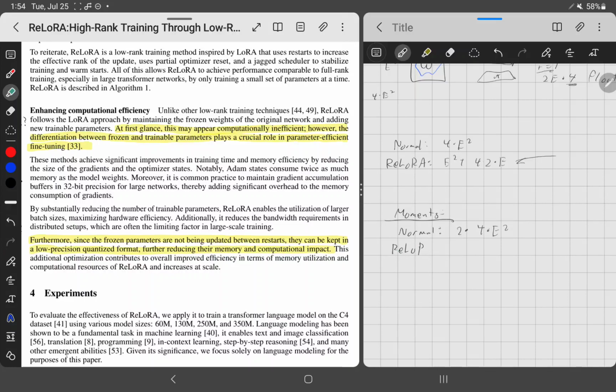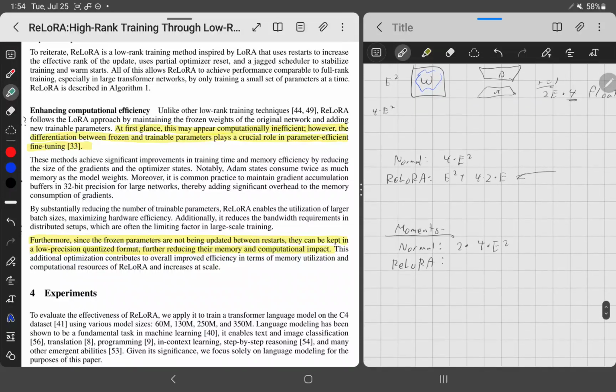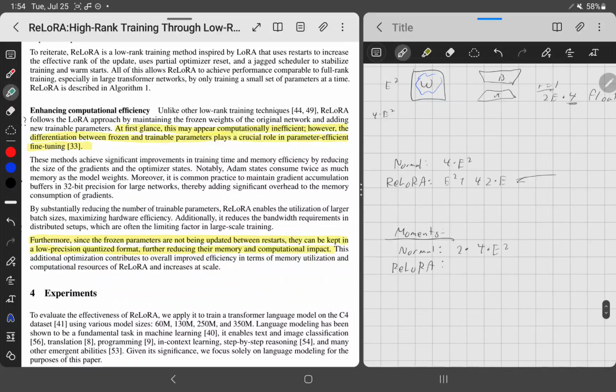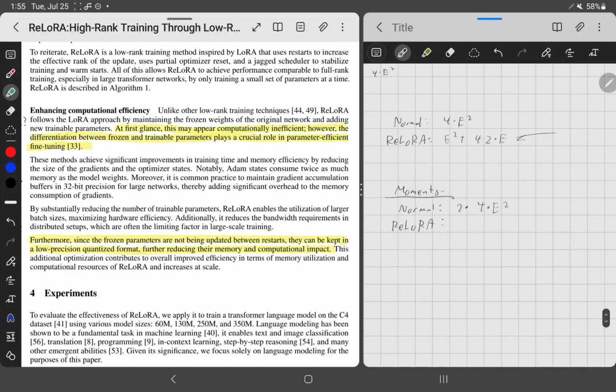With ReLoRA, you still have W, but you don't have to store the moments for W. Instead, you only store the moments for A and B because you're only optimizing A and B. So your moments would be 2 times 4 by 2e, because it's 32-bit precision.